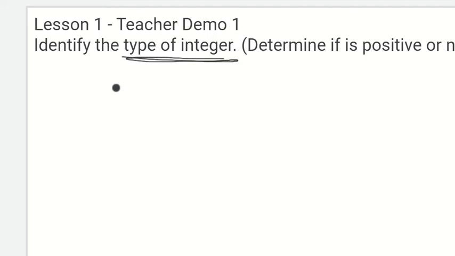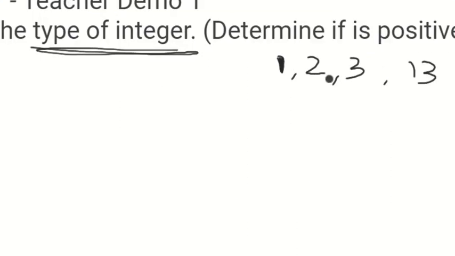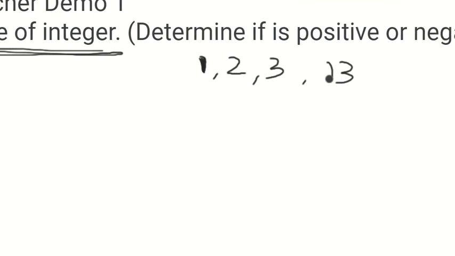Okay, very good. 1, 2, 3, 4, 5, 6, 10. Got any more integers that you have learned? 13. Okay, so all these integers, what can you tell me, Irfan? You're giving me one type of integer.